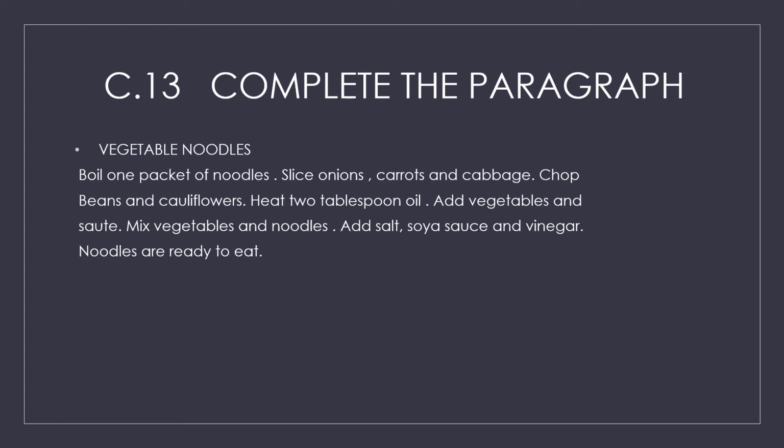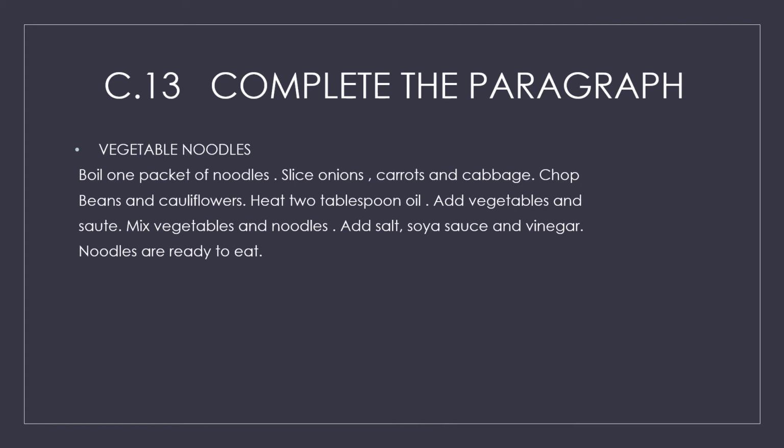Vegetables are added because vegetables is the plural form, and sauteed. S-A-U-T-E-E-D. Saute and sauteed are the past and the present. So please write saute and add ed. Then vegetables are mixed with noodles.